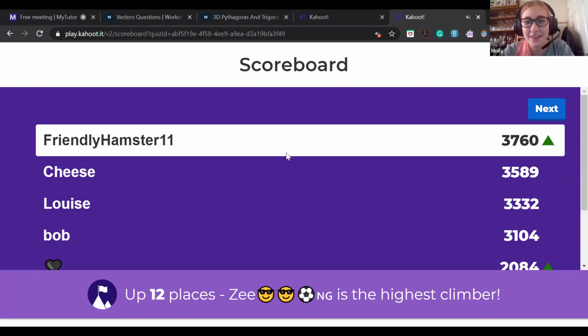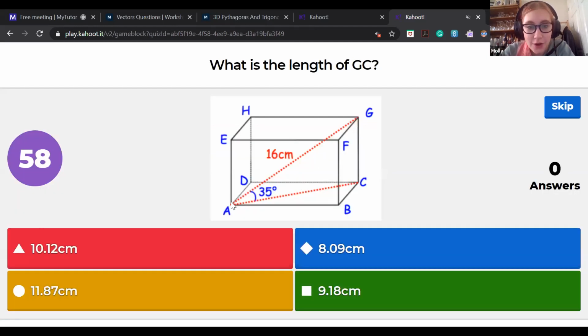And now we want to find the length of GC. So GC is the one down the side on the right. So see if you can find what that one is.